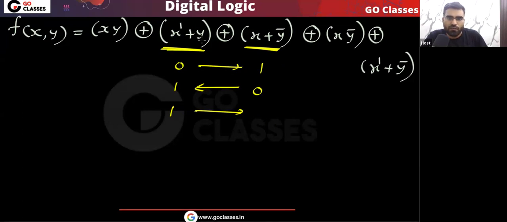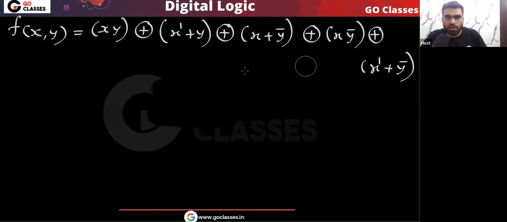For example, if y is 1 and x is 0, then this will be 1 and this will be 0. And if y is 1 and x is also 1, no, we cannot say anything here. No problem. Anyway, this is not a complicated question.